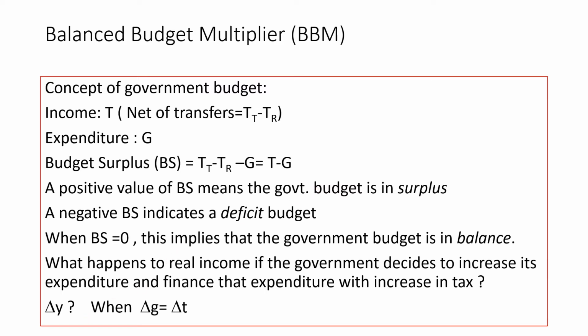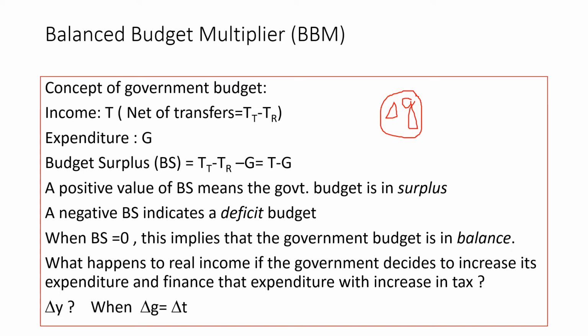Remember, when we were explaining the government expenditure multiplier, we were just interested in this delta G. We never asked the question from where the government is getting this money. We just assumed that government raised its expenditure by 100 rupees or 100 billion rupees or whatever be the amount, but we never asked from where that money is coming.